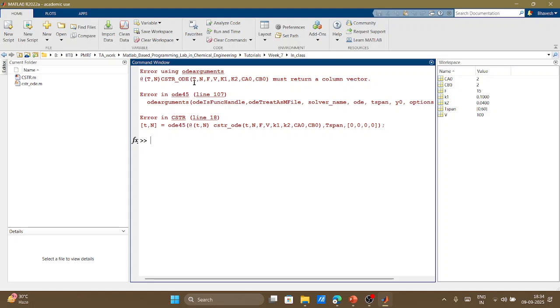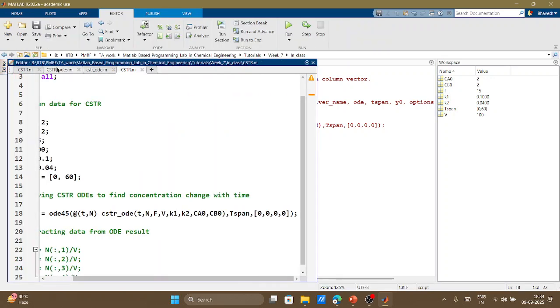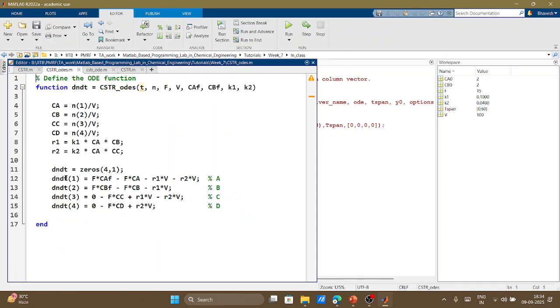Error using ODE, argument must return a column vector, okay. And what we are creating is a row, okay. Yeah, it requires a column vector. So let me create a column vector.